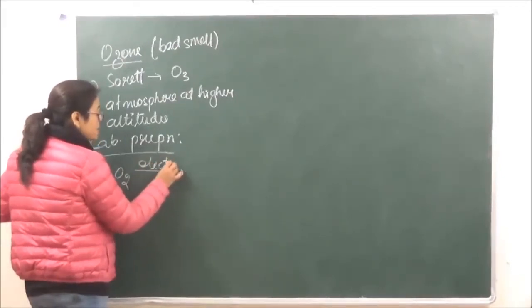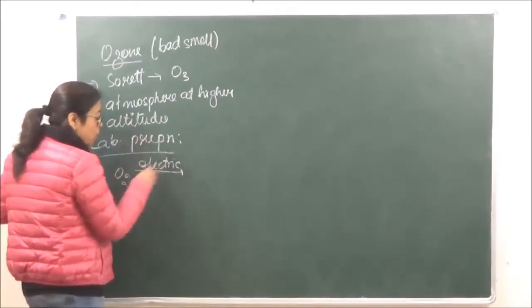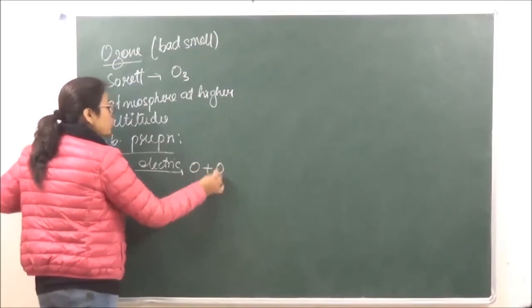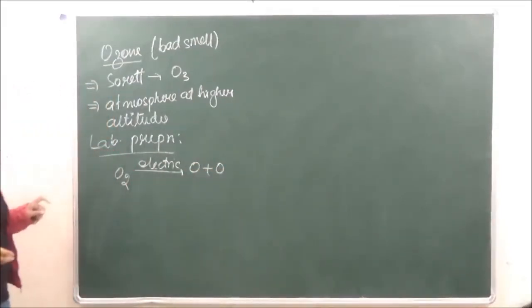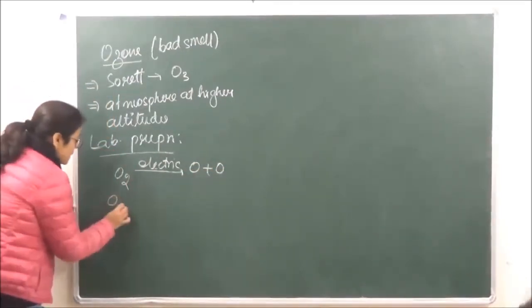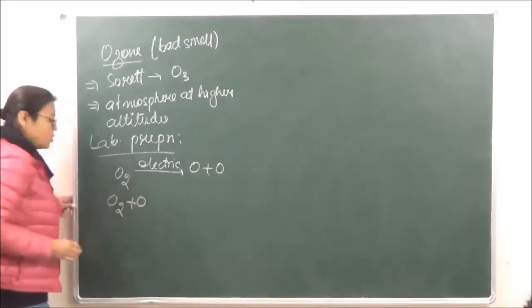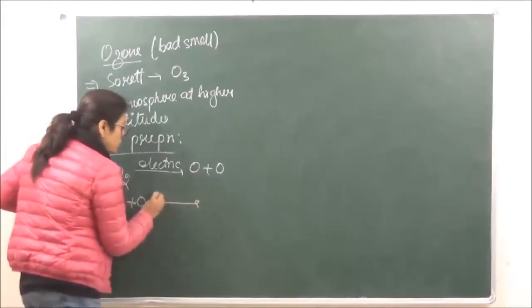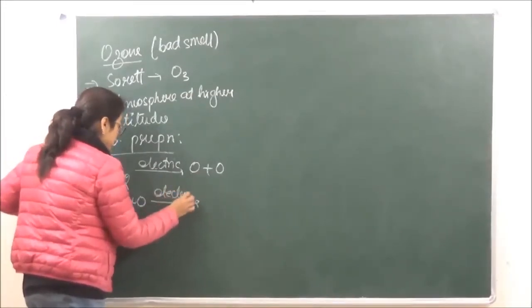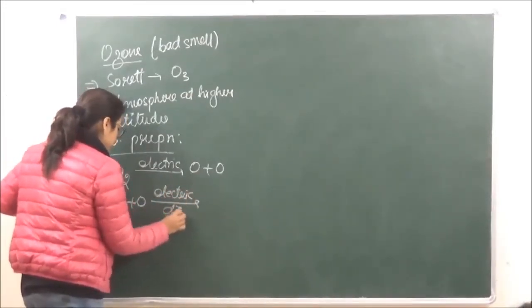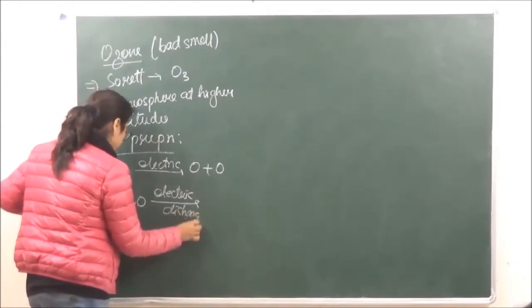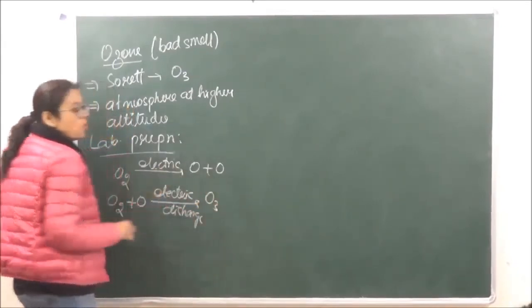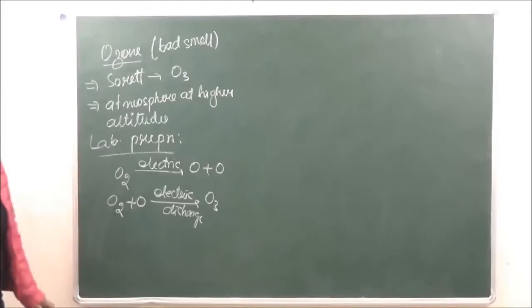When we pass an electric discharge, oxygen dissociates into its atomic forms, and one of the atomic forms will react with oxygen to give us ozone. ठीक है?